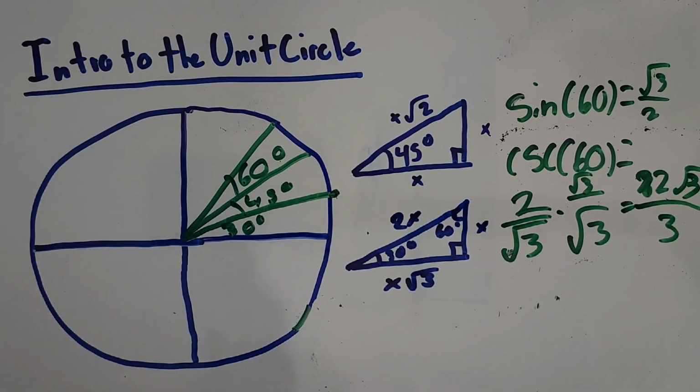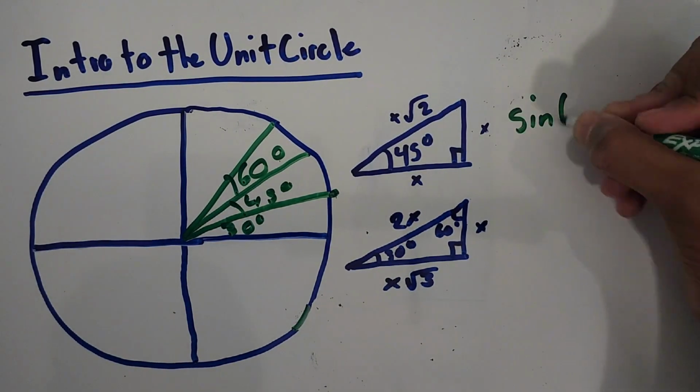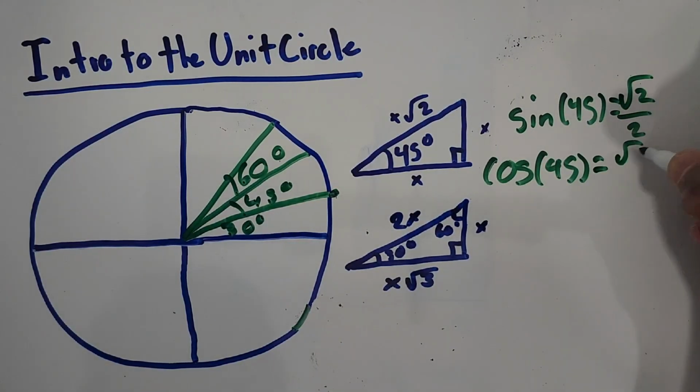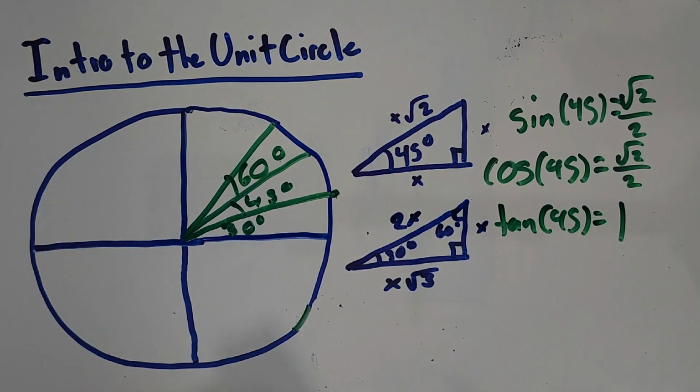So now we will cover a 45-degree triangle and its values, and in my opinion, that is the easiest to cover, because both the sine and cosine are the same. So we know that sine of a 45-degree angle is rad 2 over 2.